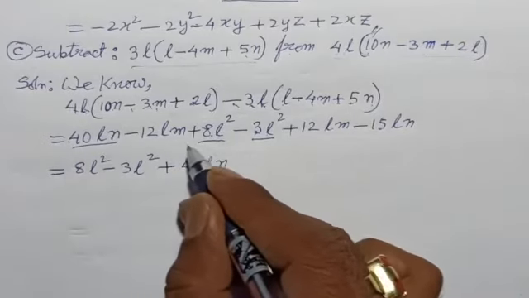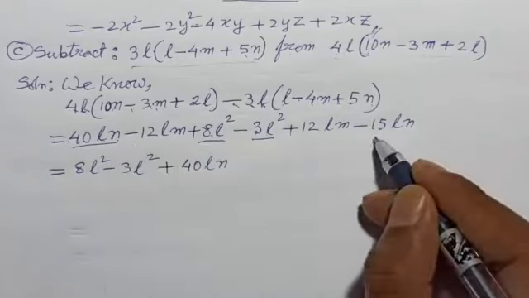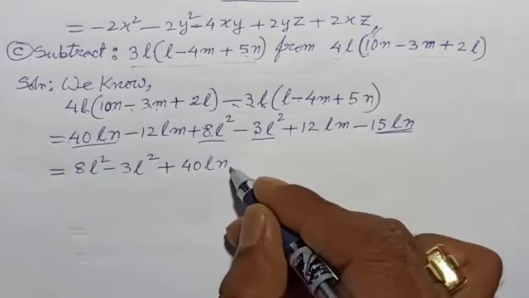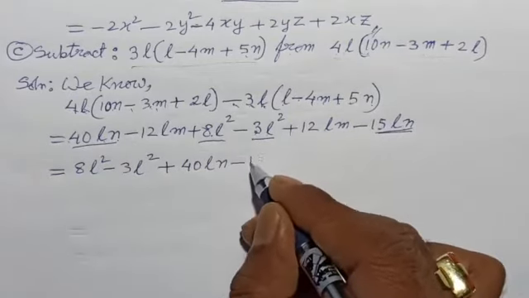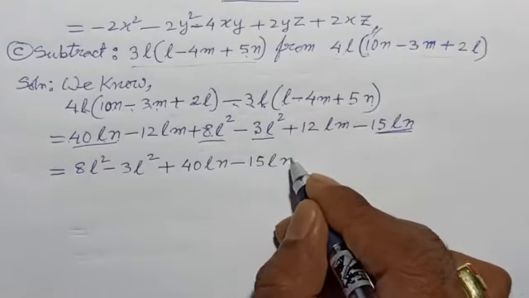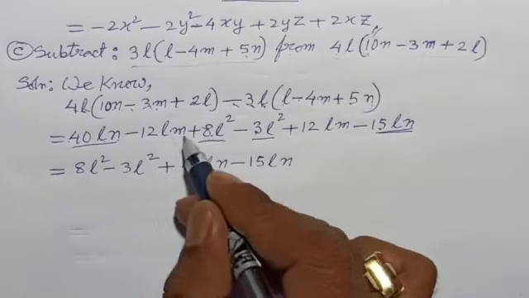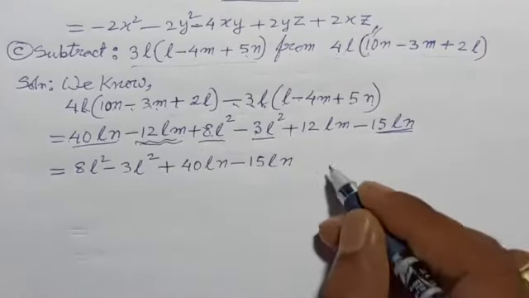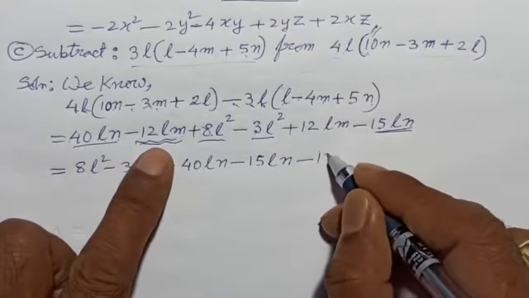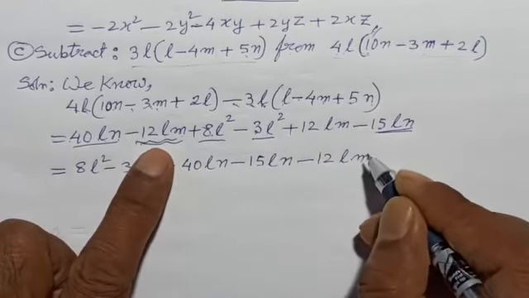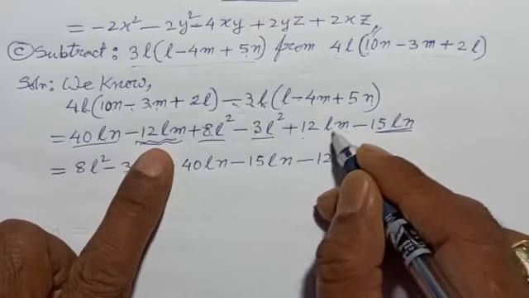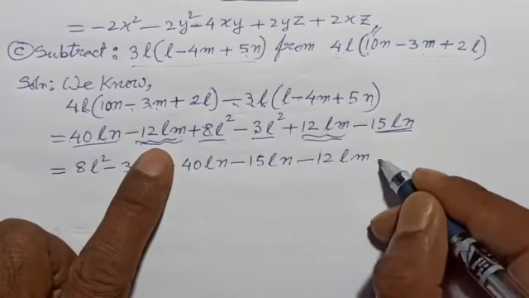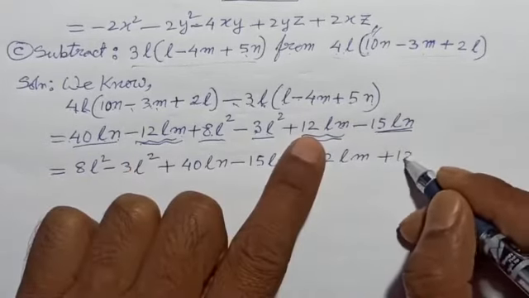Then this is ln. This also ln. So let's write this. Minus this here, 15ln. Then next is lm. Minus 12lm. Here also lm. So let's write this. Plus 12lm.